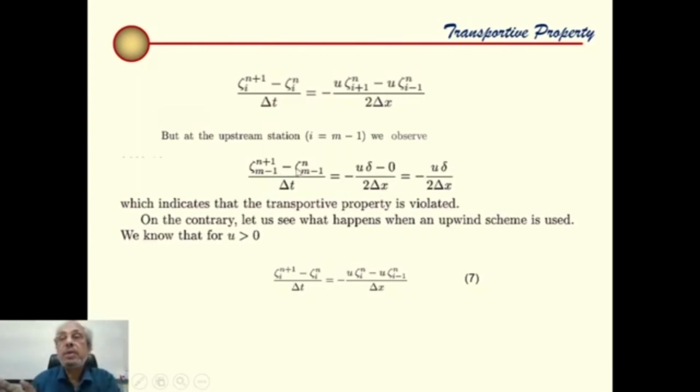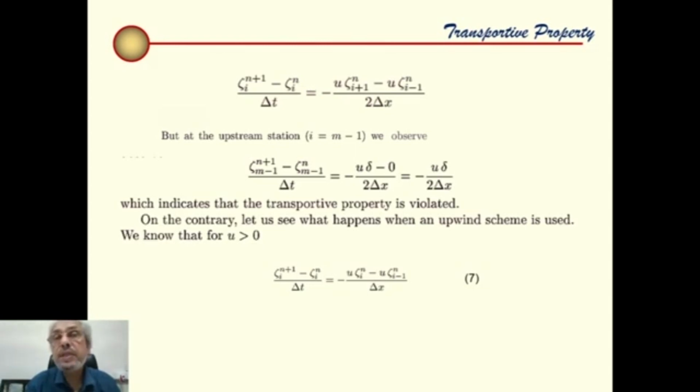Now the u velocity is in the positive direction, so I plus 1, I plus 2 are all points in the positive direction. After giving a perturbation, if we get the effect of that perturbation at the I minus 1 point or the I minus 2 point, which in fluid mechanical language are upstream points, that is a problem.